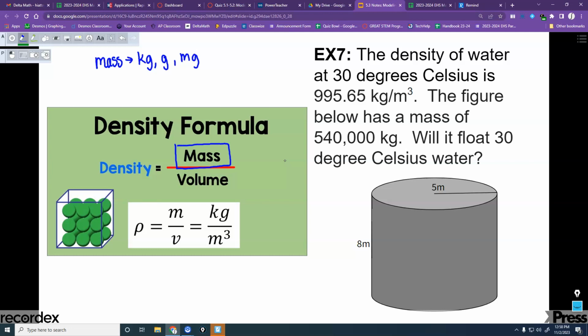Now, the way on Earth that we measure mass is usually by using weight. Because you might wake up in the morning and step on the scales, right?